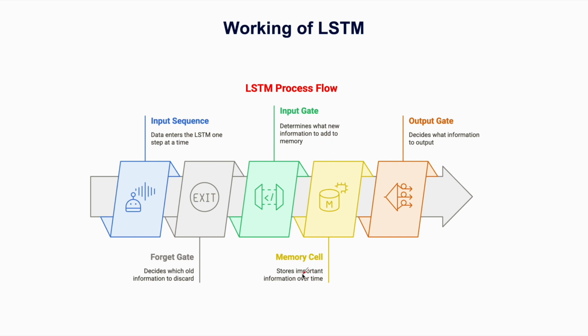The memory cell stores the important information over time, and then the output gate decides what information to output. Here is the important thing. The forget gate decides what to forget, the input gate determines what information to add, and the memory cell stores the important information. These things are missing in RNN.